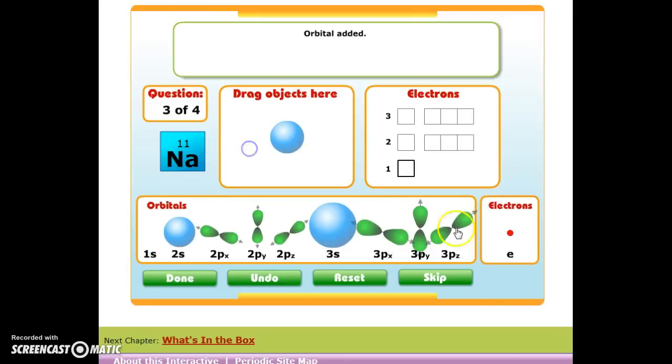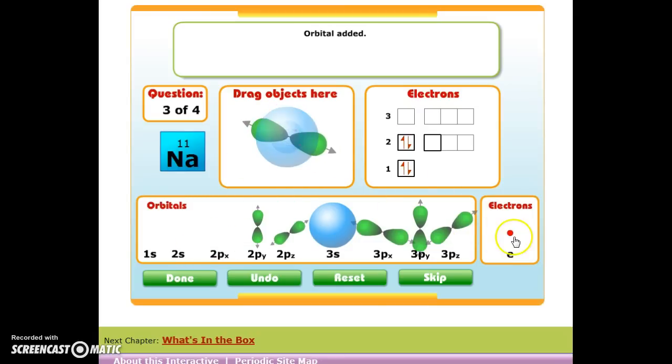All right, let's try one more, and then you guys can play on your own. I think there's a few more to do. So 1s2, 2s2. So 2p, we're going to do the 2px first, then 2py, and then 2pz. Okay, so we've had 2, 4, 5, 6, 7 electrons filled. Now it doesn't matter which of these is filled up next because they're all equal in energies.